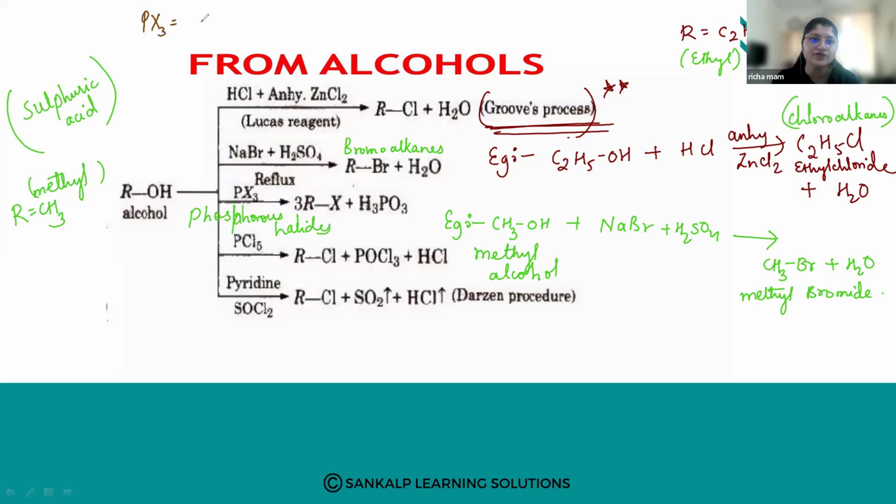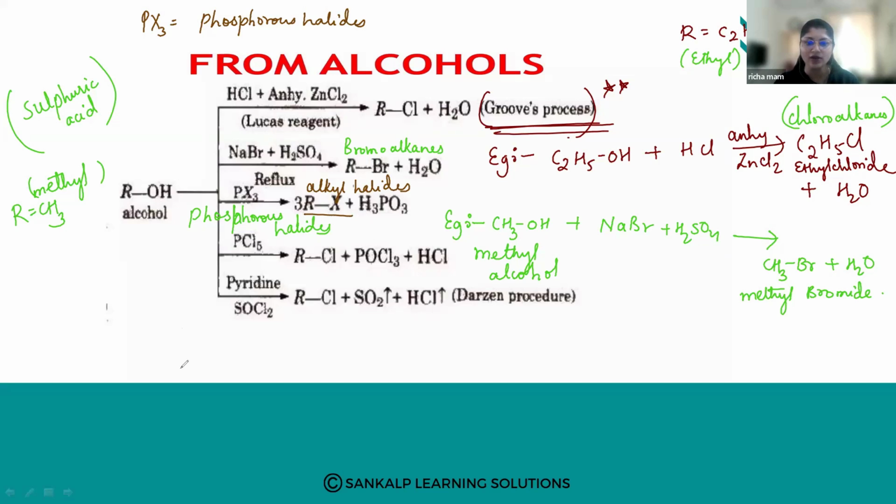PX3 is phosphorus halide, and X can be any halogen. When you want to obtain alkyl halides, alkyl halides can be prepared by reaction of alcohol with phosphorus halides. So these are the different reactions.